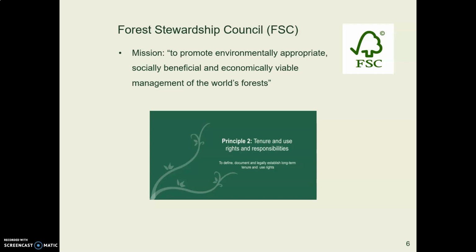And if you look at their mission statement, to promote environmentally appropriate, socially beneficial, and economically viable management of the world's forests, you see there that sustainability triple bottom line that we looked at the first day of class, the three pillars of sustainability: environmental sustainability, social equity, and economic opportunity. So there they are, built into this mission statement.